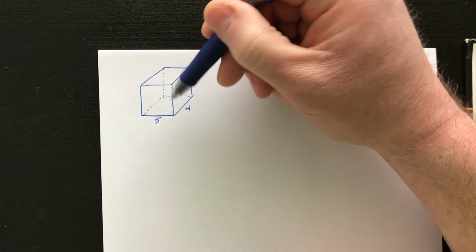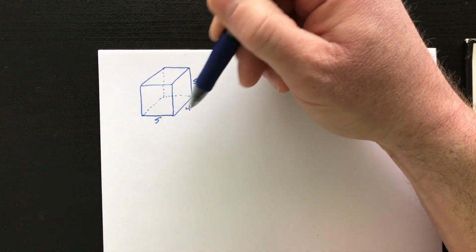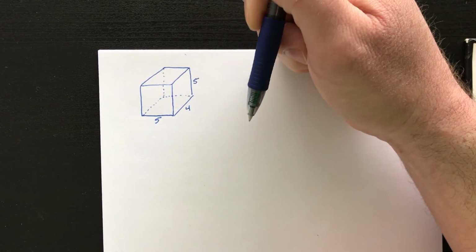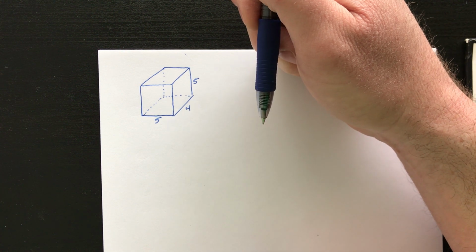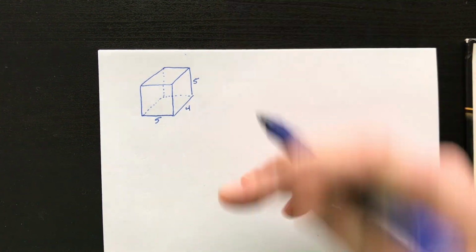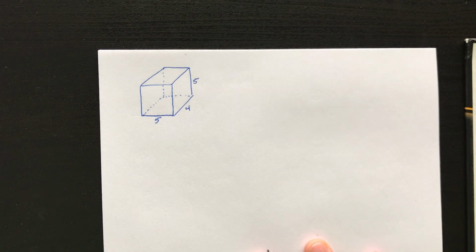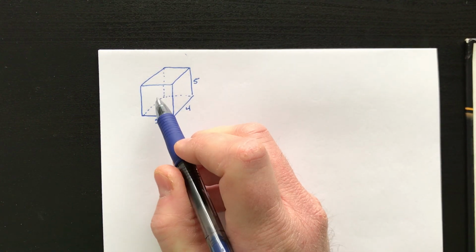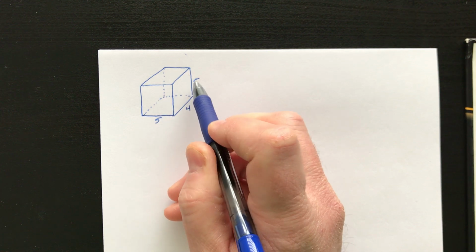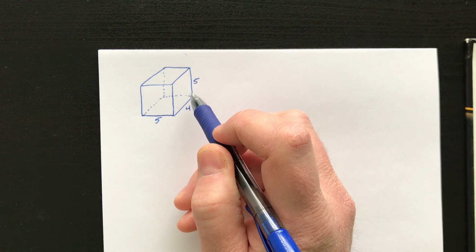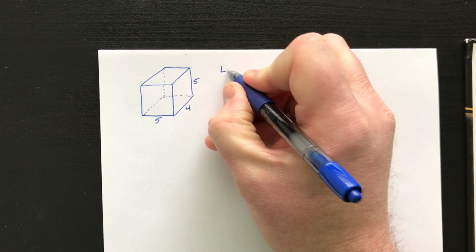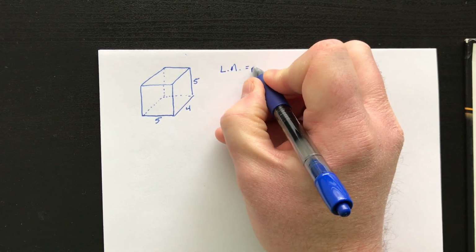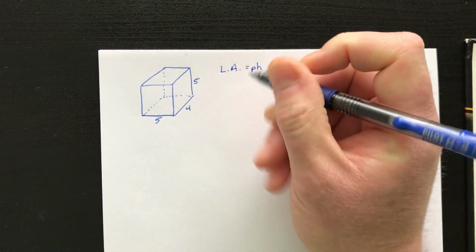All 4 sides going around the prism, those are called lateral faces. So sometimes when the problem just says find the lateral area of your solid, all you need to do is find the area of all 4 faces. And they give you the formula: lateral area is equal to perimeter times height.